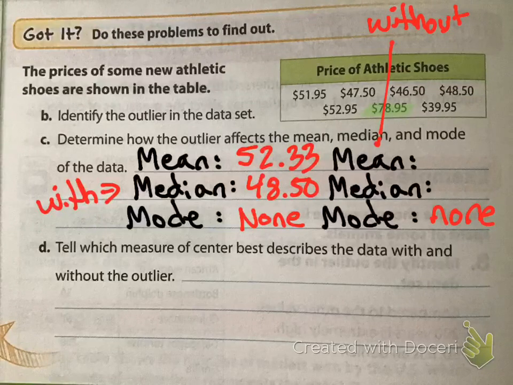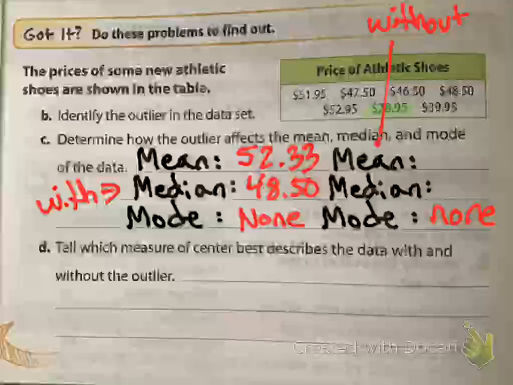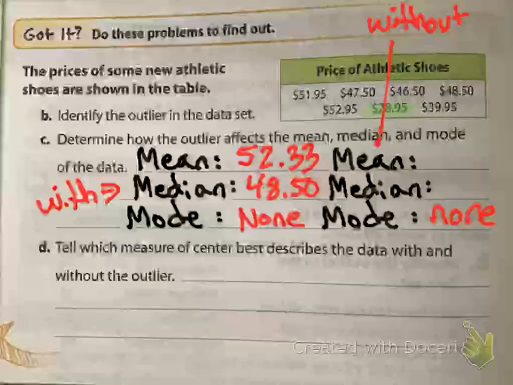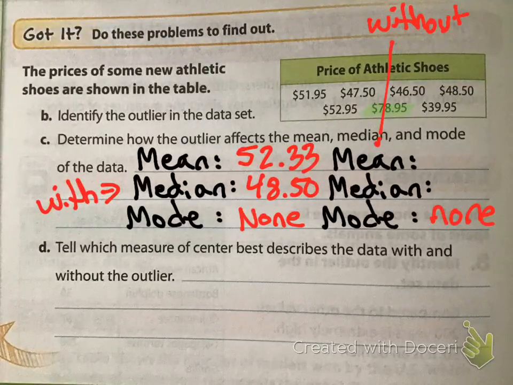Now that we only have 6 numbers, though, we have to find the mean of the 2 median numbers. I know I don't like doing it either. But our initial mean for without the outlier now becomes 47.89. Just as I said, it got smaller because we removed our bigger number. Our median is 48.